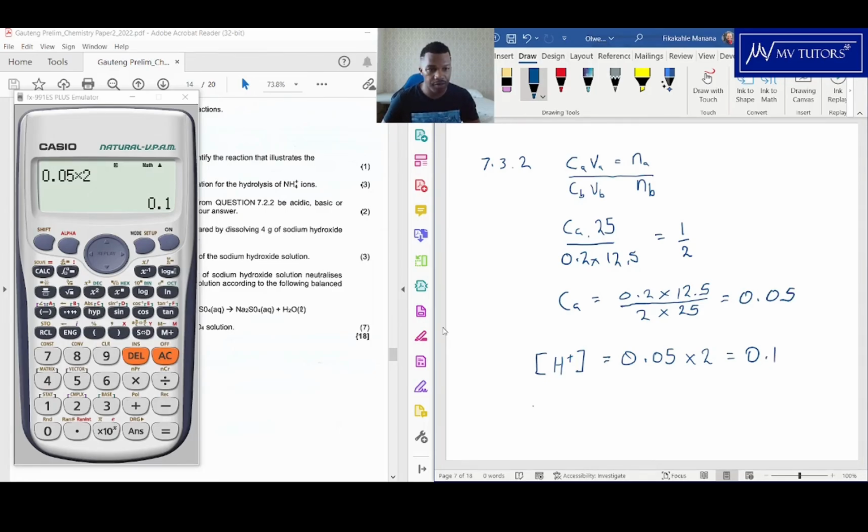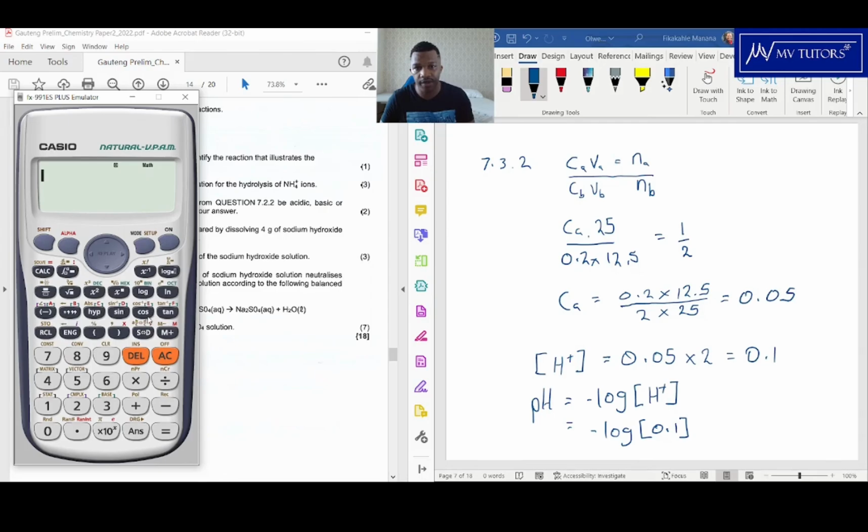So now remember the formula of pH. It is basically minus log of the hydrogen ion in this case, or the hydronium. Okay, so it's 0.1. If we put this in a calculator, let's do that. Where is my log? I can't find my log.